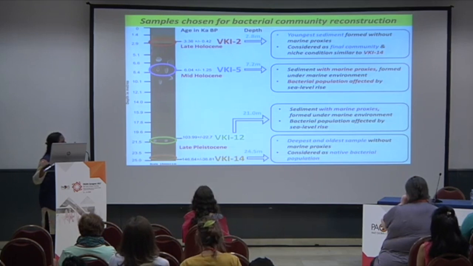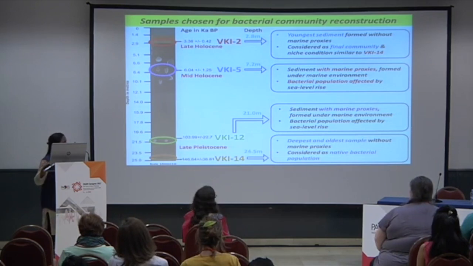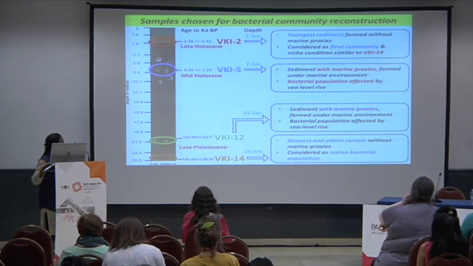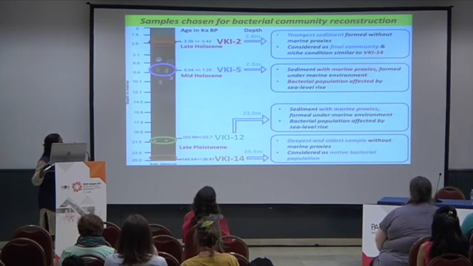VKI-14 was chosen at a depth of 24.5 meters, which was 146,000 years old, late Pleistocene epoch. VKI-12 was chosen at a depth of 21 meters, which was 104,000 years old. Then VKI-5 at a depth of 7.2 meters, which was 6,000 years old, mid-Holocene epoch. And VKI-2 was chosen at a depth of 2.8 meters, which was late Holocene, 3,000 years before.